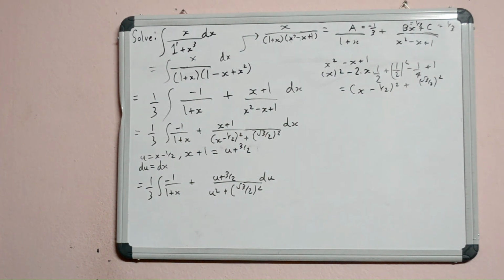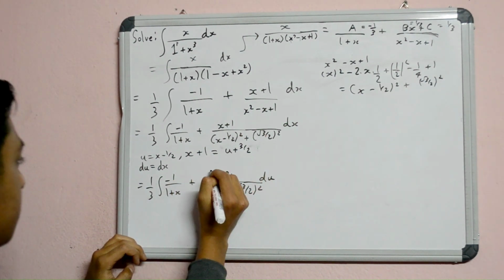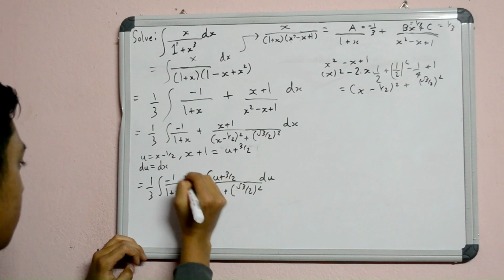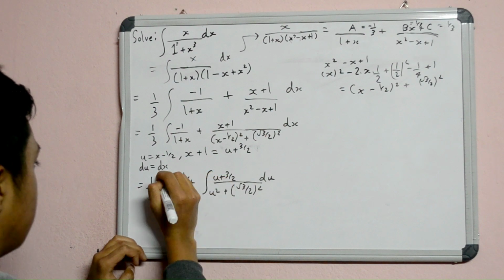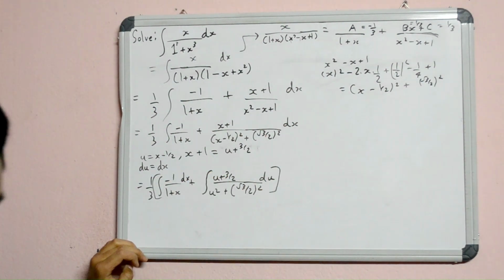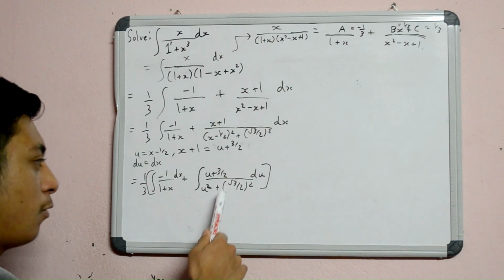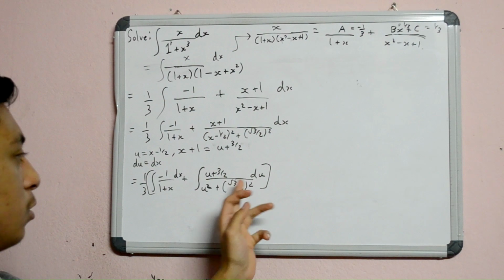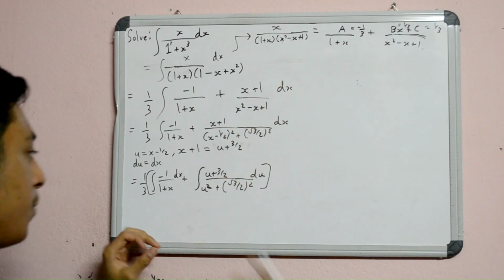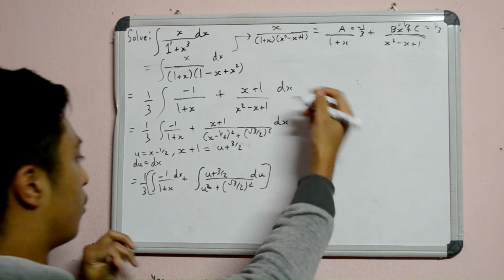And now, since this is du, let's just separate these integrals, dx, and then just bracket outside. Now we'll have to solve for this integral right here, because this one is just log natural. So let's just solve only this one, because let's not rewrite it over and over again.